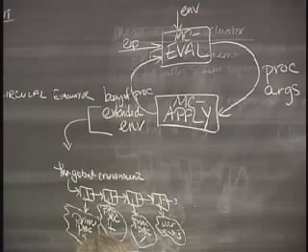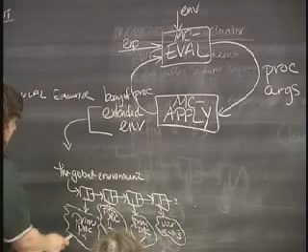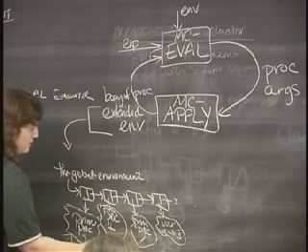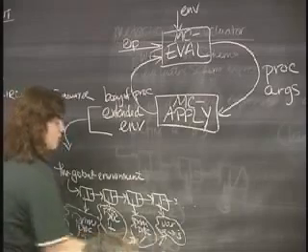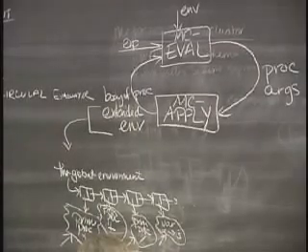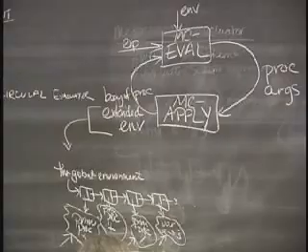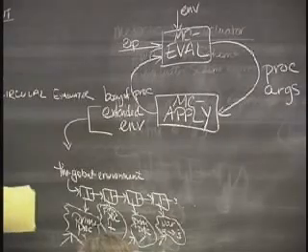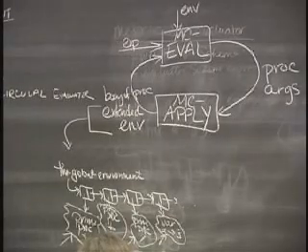So our global environment is going to be a list of lists, and this is where our bindings are going to be. The global environment is the one that we can always see.